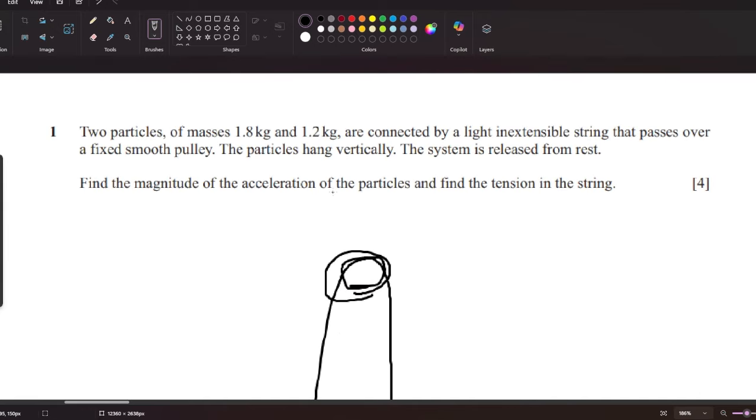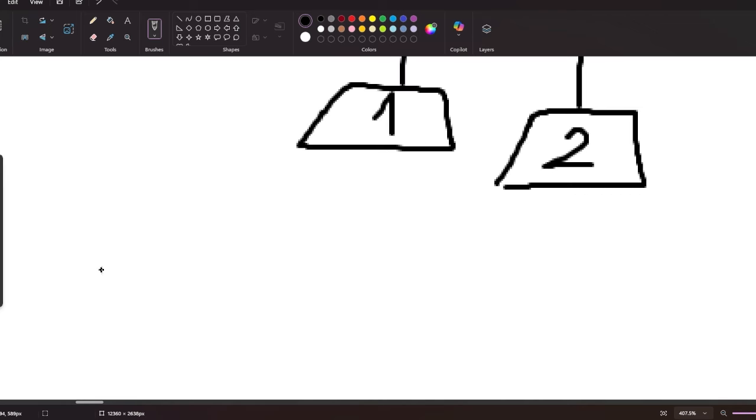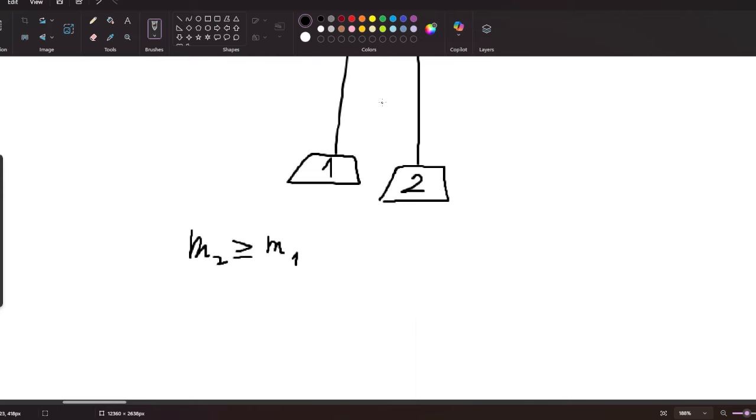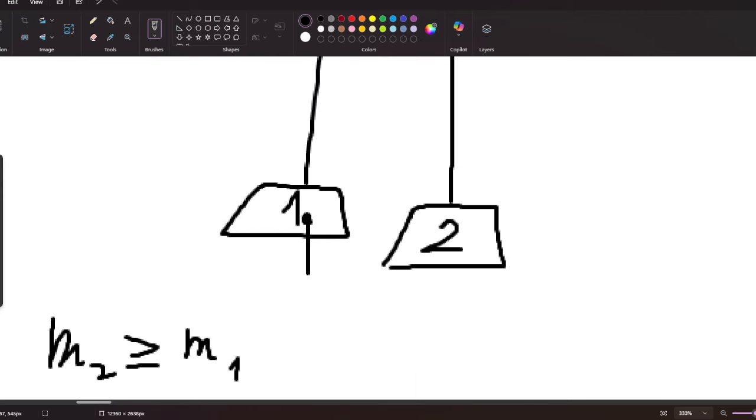This system is pretty much symmetrical, so let's assume that the mass of the second object is greater than or equal to the mass of the first object for convenience sake. So what forces do we have? We have this force, m1g, and clearly translates impulse here.